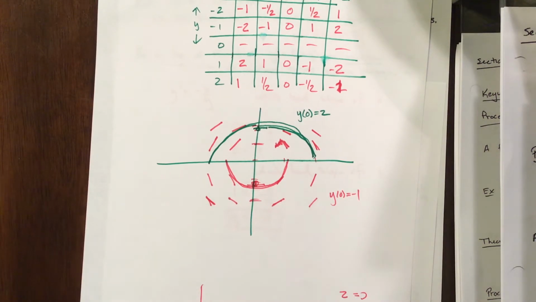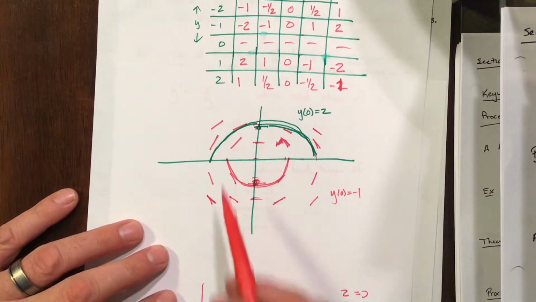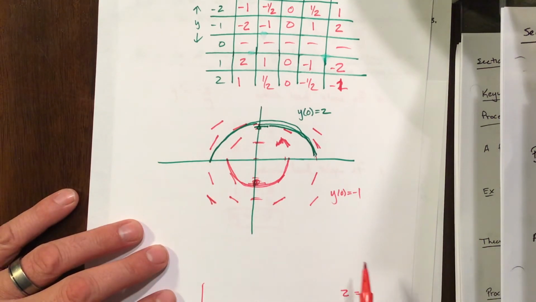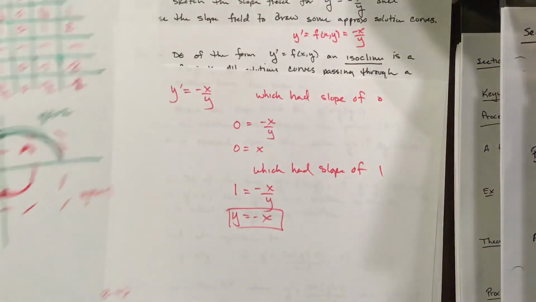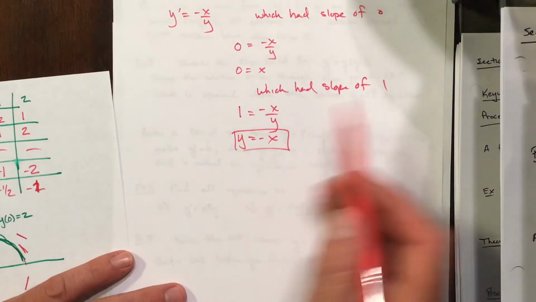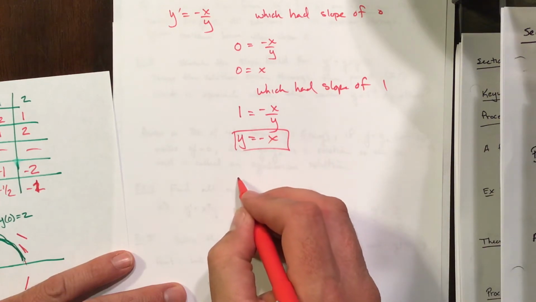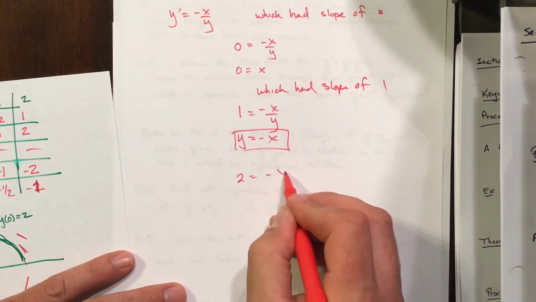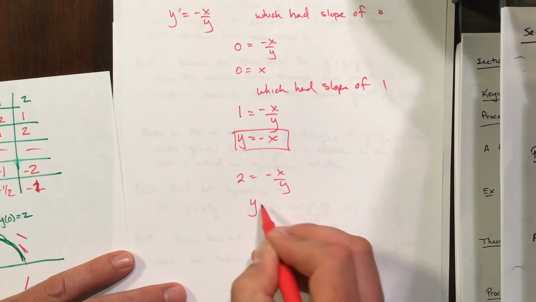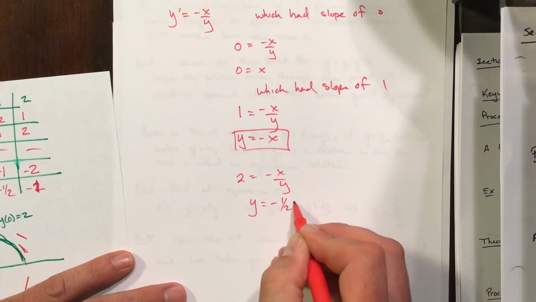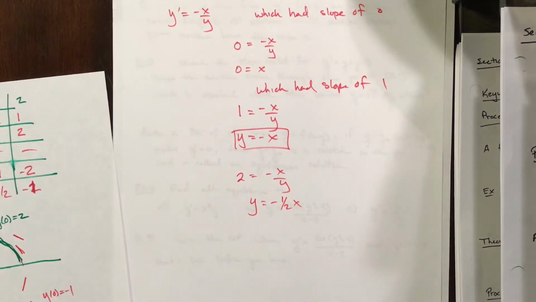So what you see here is that along certain lines or curves, okay, in this case it was a straight line, the slope was always going to be a given value, in this case 1. And you could do this if it had a slope of 2. Okay, negative x over y, you get y equals negative 1/2 x when you cross multiply.